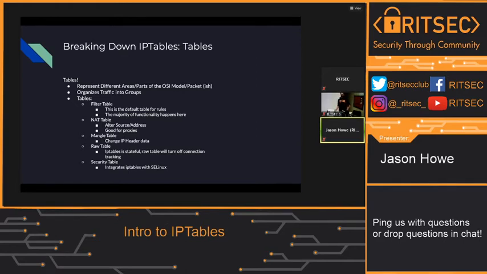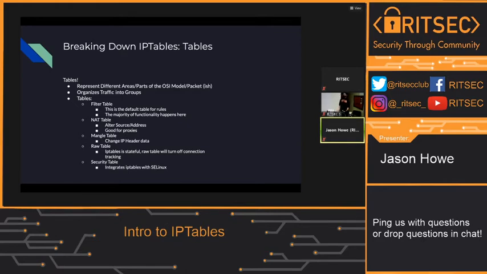There's the NAT table, which you can use to alter the source and destination IP addresses, in case you wanted to use your box as a server and NAT your network and NAT your traffic. That is pretty good for proxies. There's also the mangle table, which allows you to change and interact with the IP header within the packet, and you can change the destination and source there as well.